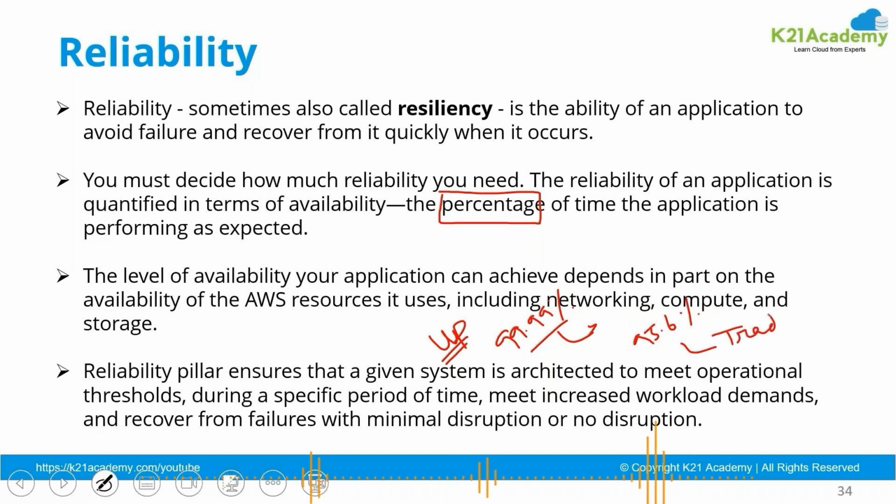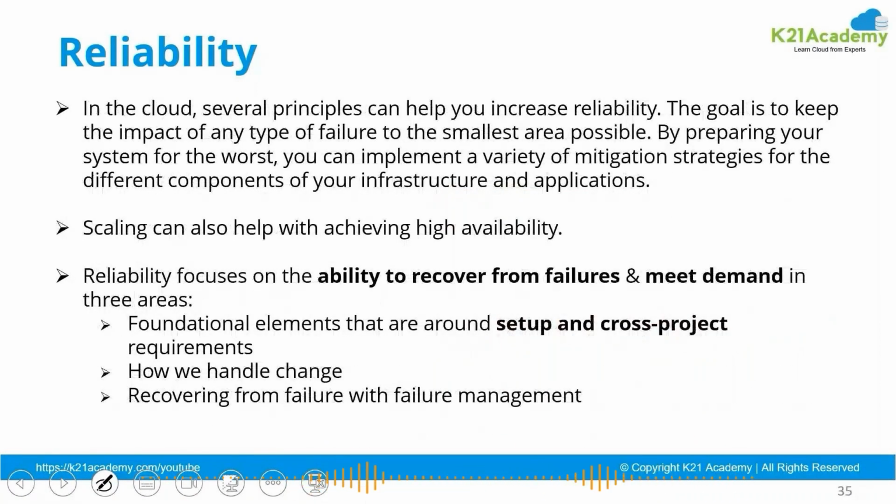But with cloud, Amazon guarantees that its infrastructure will be 99.99% reliable. So your reliability pillar talks about creating a reliable solution for your customer.